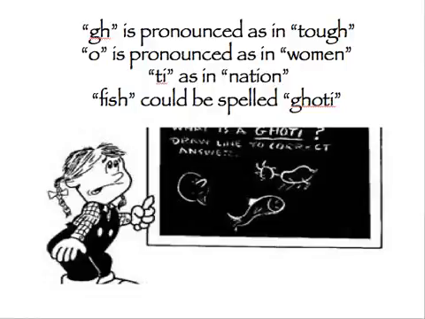You could use GH to represent the f phoneme as it does in tough, O to represent the i phoneme as it does in women, and TI to represent the sh sound as it does in nation. So it makes perfect sense, the reformers argued, to spell fish G-H-O-T-I.